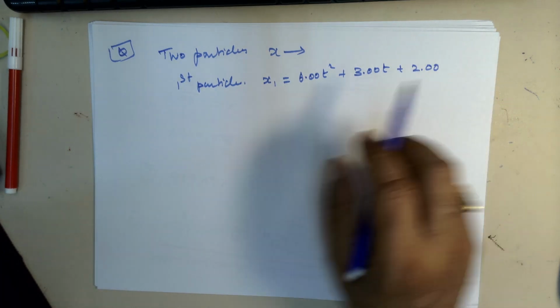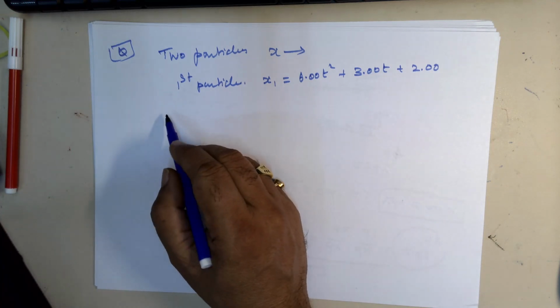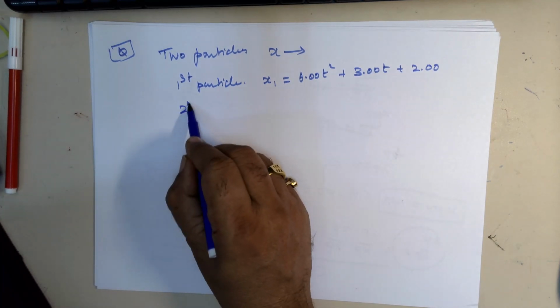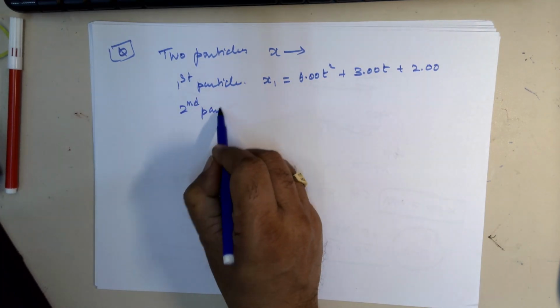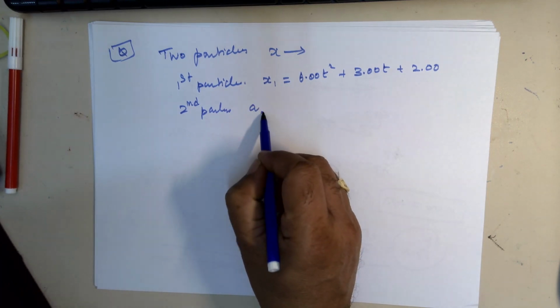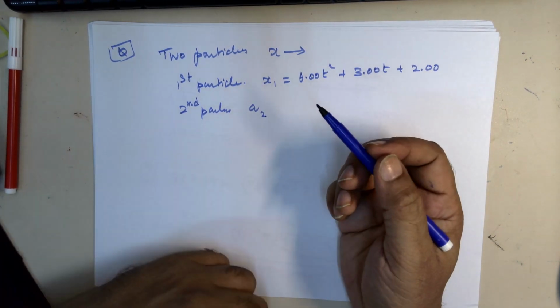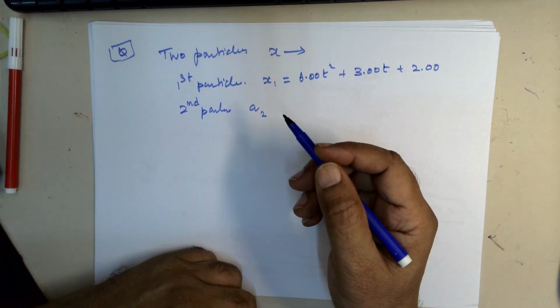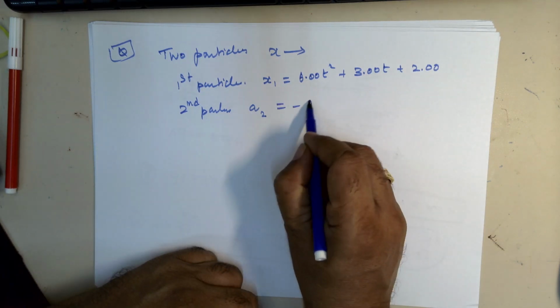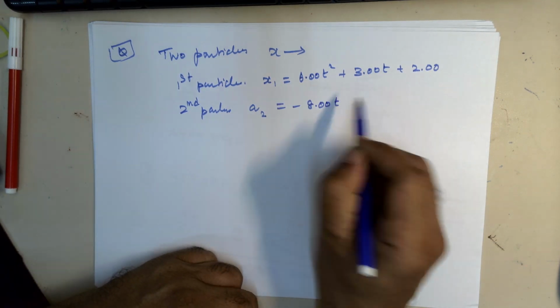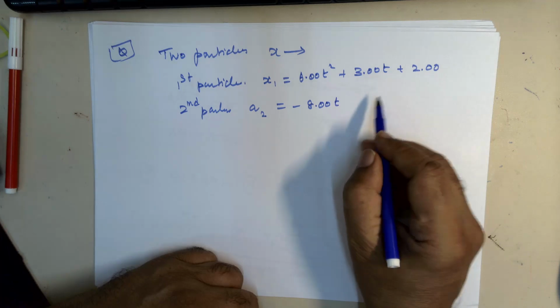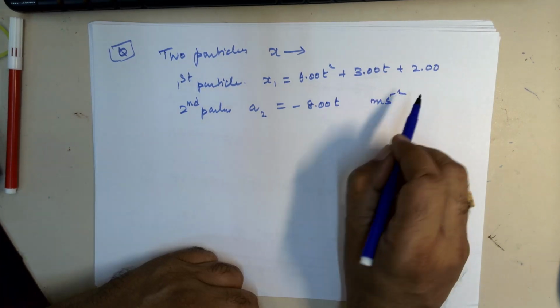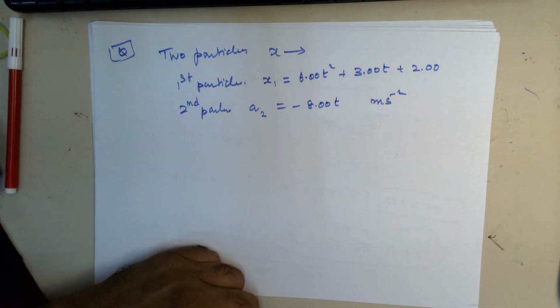Okay, right. Now, the acceleration of the second particle, let us mention this as a2, is given as minus 8.00 t. This is given in meter per second squared. t is time only, in seconds.